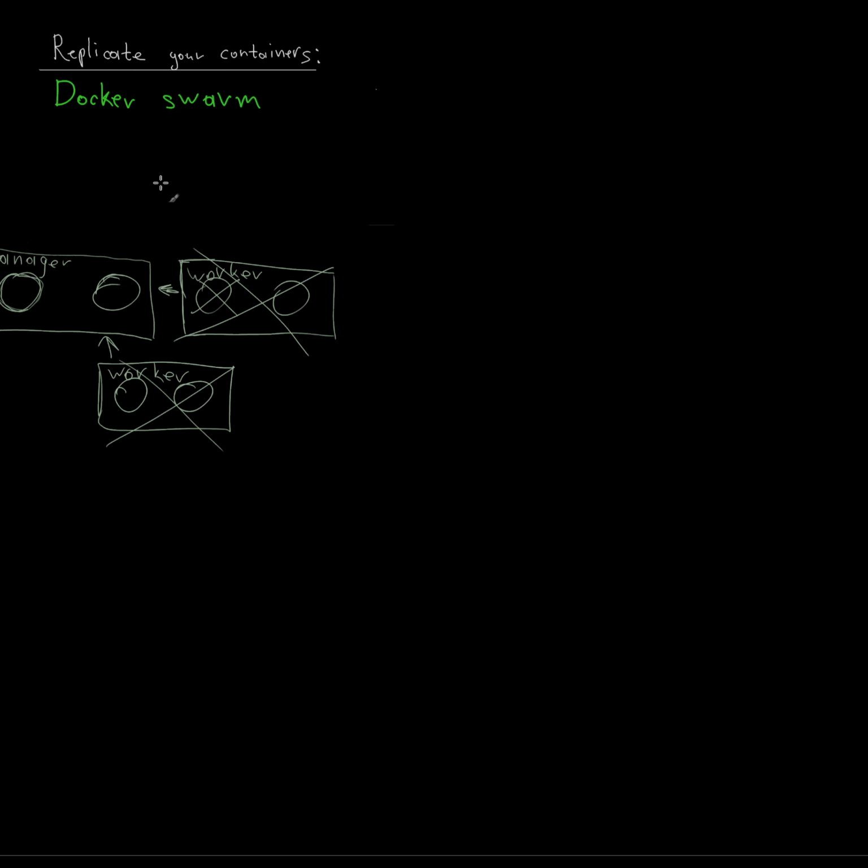Because all the traffic that comes to a manager or actually any other worker, because it doesn't matter if traffic comes to a worker, there is a feature that will abstract all the nodes, and it will allow clients to basically call any of the nodes, and traffic will be forwarded to a specific container, to a specific node. So Docker Swarm handles these interactions as well.